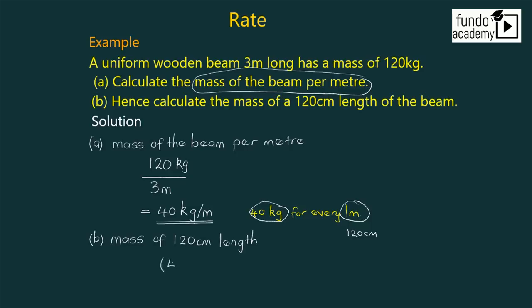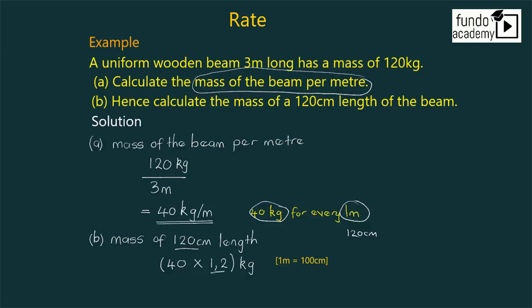So what we do here is we multiply 40 by 1.2, and the solution will come out in kilograms. Where has the 1.2 come from? We know that 1 meter has 100 centimeters, so we converted 120 centimeters to meters. It comes out as 1.2.